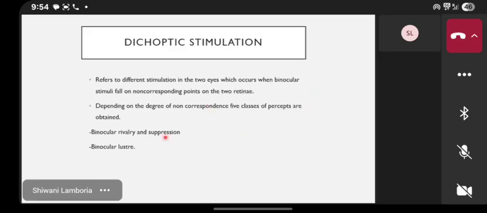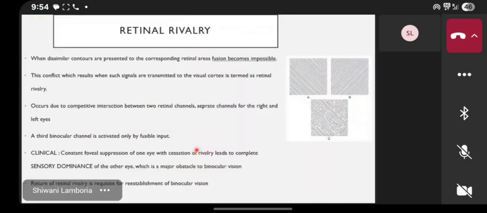The classes are binocular rivalry and binocular luster. Retinal rivalry happens when dissimilar contours are presented to the corresponding retinal areas, so fusion becomes impossible. For example, one eye is shown these lines and the other eye is shown these, so fusion cannot happen.